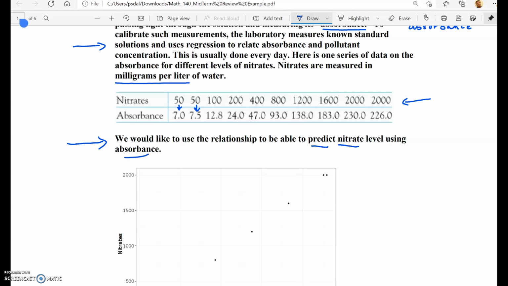So this is an important sentence. This tells us that we want to predict nitrates, which means nitrate is Y and absorbance is our X value, which means nitrate is the response variable, also called the dependent variable, and X is the absorbance, also called the explanatory variable or the independent variable.